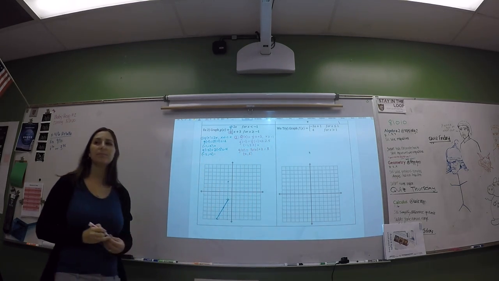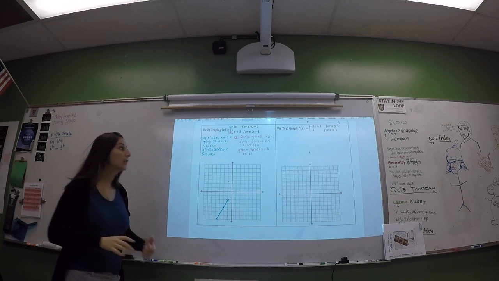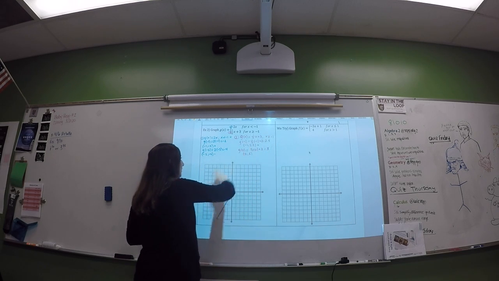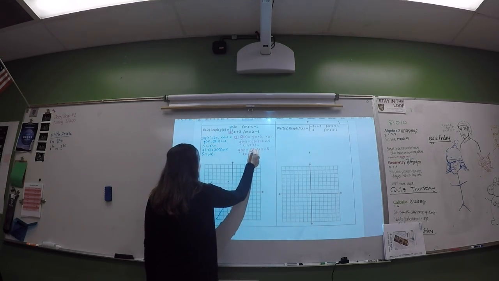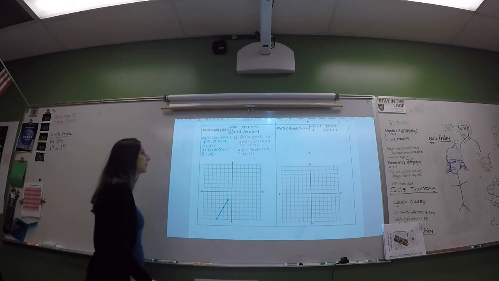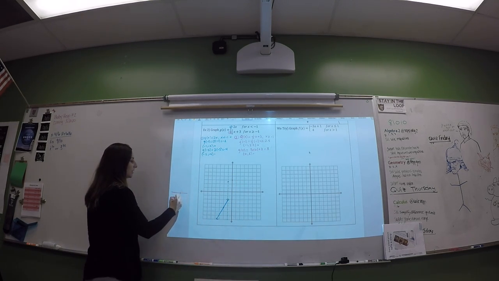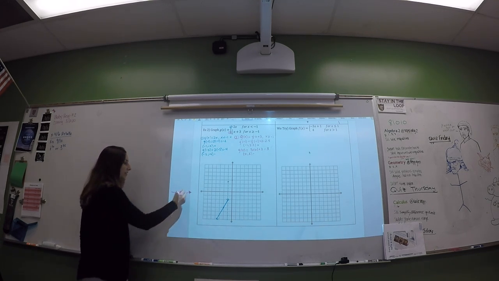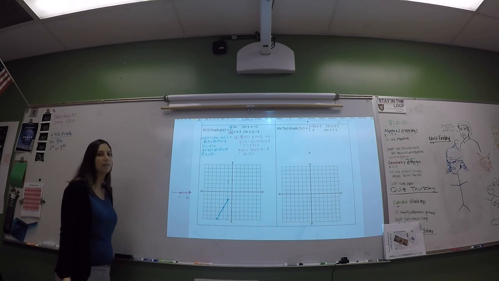0, 3. Is this included in this domain? Yes, it is. It's included, so this one's a solid point. If the domain is that x is greater than or equal to -1, 0's over here, so it's included.